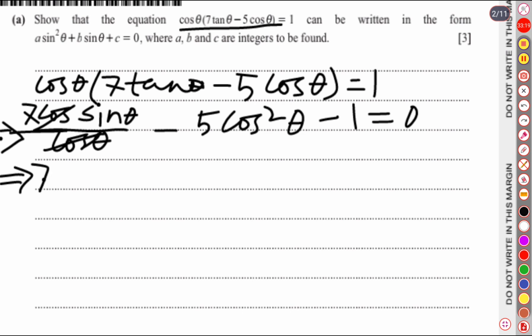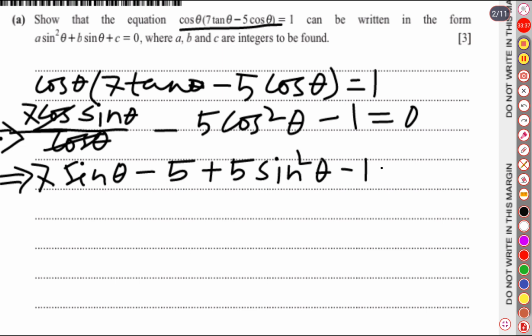It is going to be 7 sine theta minus 5 cos square theta. You know cos square theta means 1 minus sine square theta, so it will be 5 plus 5 sine square theta, minus 1 is equal to 0.